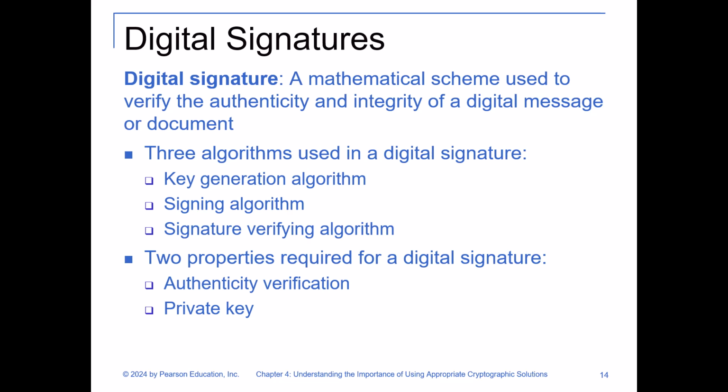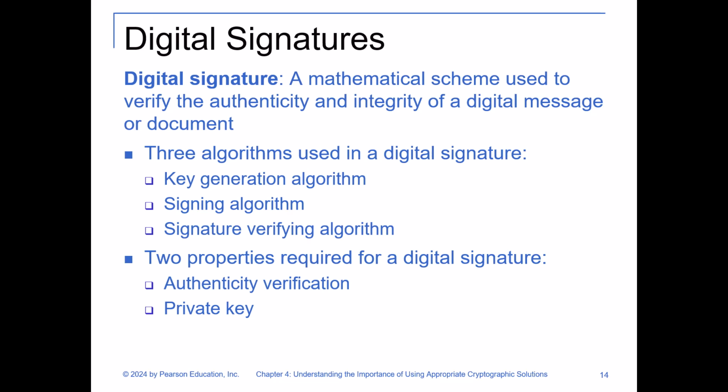Digital signatures are a mathematical scheme used to verify the authenticity and the integrity of a message or document. Three algorithms are used in digital signatures: key generation, the signing algorithm, and a signature verifying algorithm.